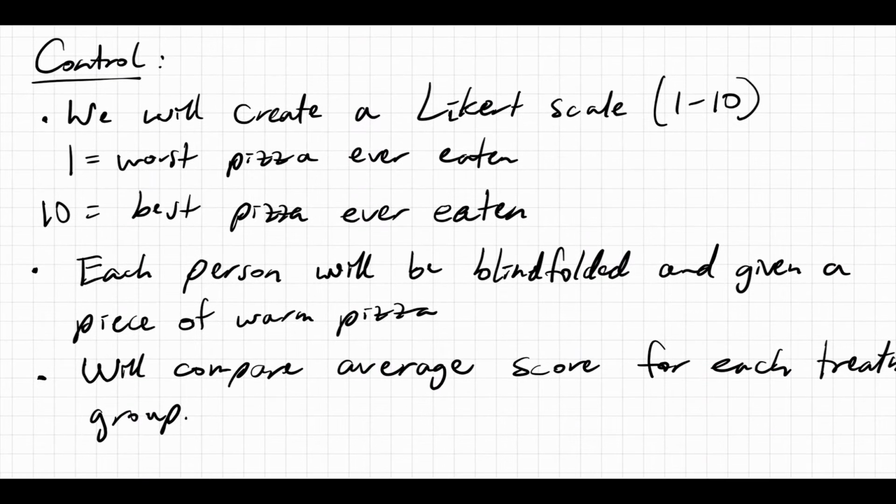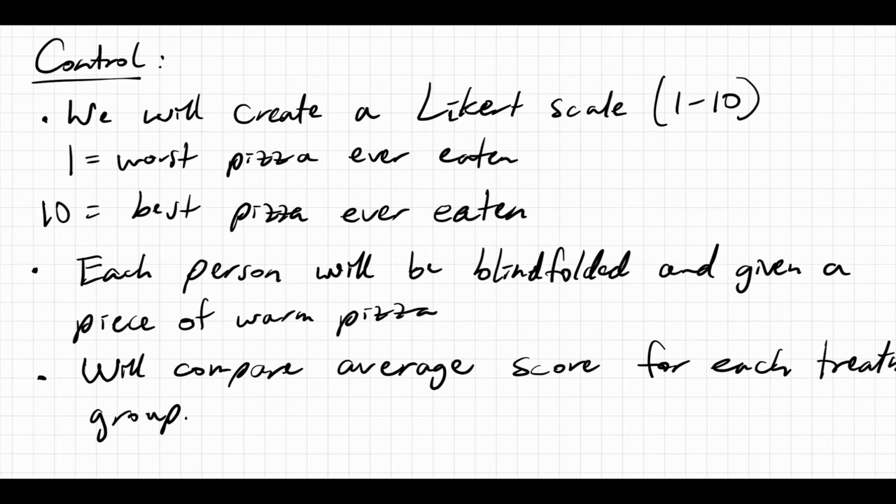Okay, so control. If you have a control group, this is where you explain what your control group is. So what I'm going to do is I have a Likert system. A Likert system, you've all done this before. You rate on a scale from 1 to 10, 1 to 5, 1 to 20, 1 to 100, right? My Likert scale goes from 1 to 10. After they've eaten the pizza, each person will be blindfolded. They're going to be given a piece of pizza and eat it. Afterwards, I'm going to say, hey, what do you rate it? 1 to 10, 1 being the worst pizza you've ever had, 10 being the best pizza you ever had.